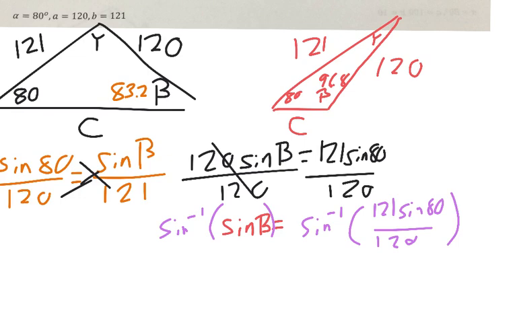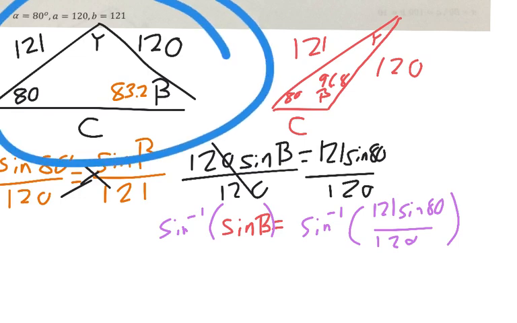Okay. So, let's solve this triangle first. I know 2 angles. I can find the third angle. 16.8. And now because I know that angle, I can find the opposite side.